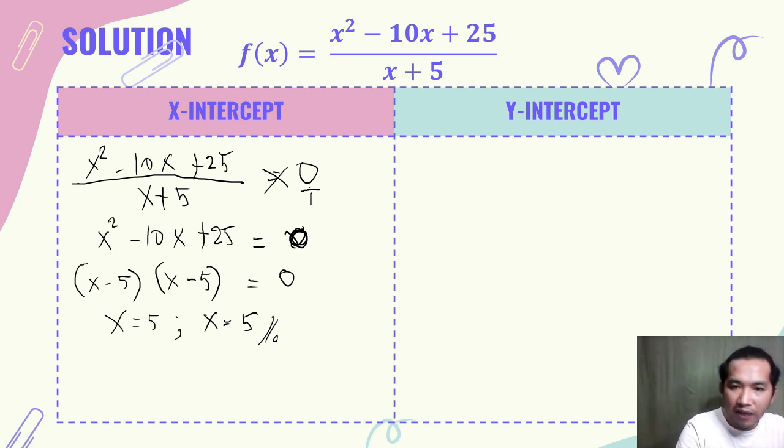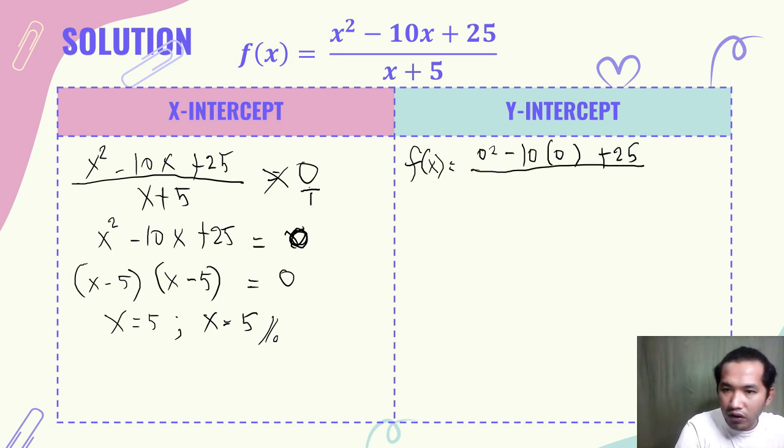For our y-intercept, again, we will change the x's to 0. And that is f(x) = (0² - 10 times 0 + 25)/(0 + 5). And 0 squared will give us a value of 0.